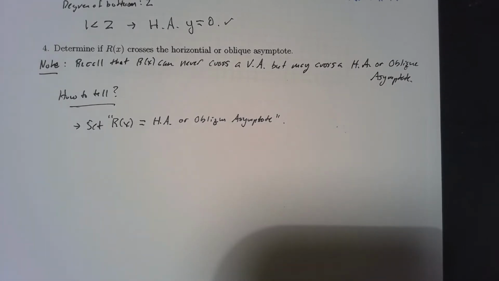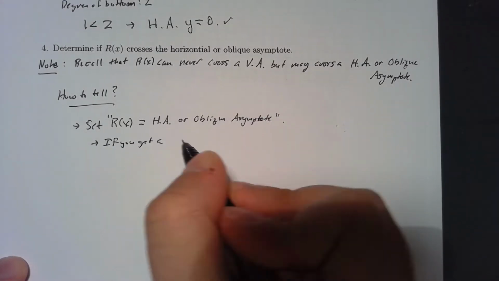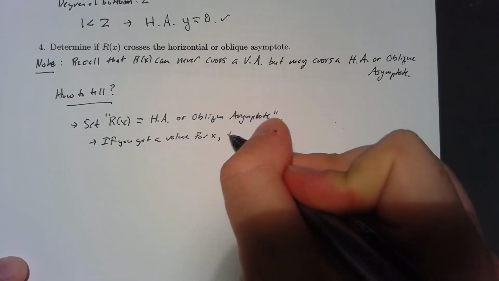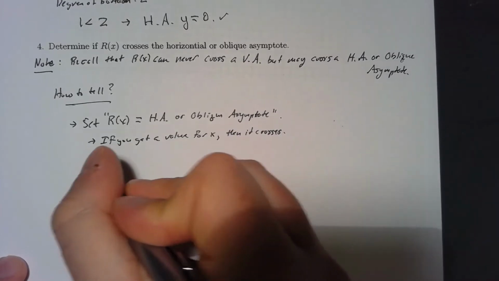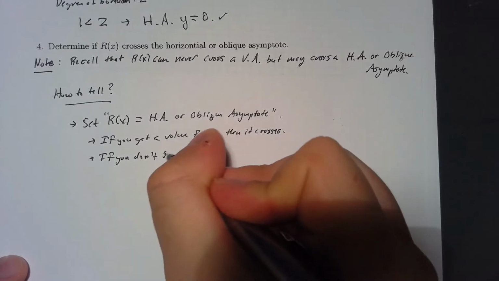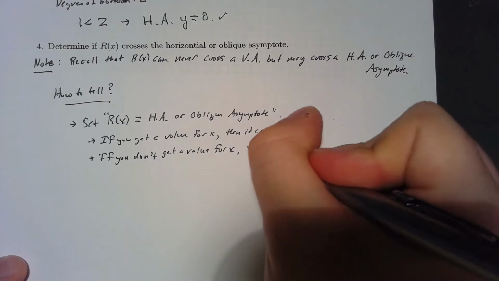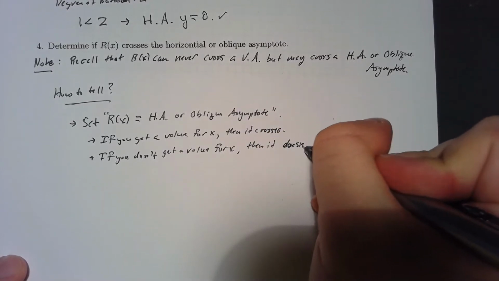If you don't get a value, or if you get an incorrect statement, then it doesn't cross. So if you get a value for x, then it crosses. If you don't get a value for x, then it doesn't cross.